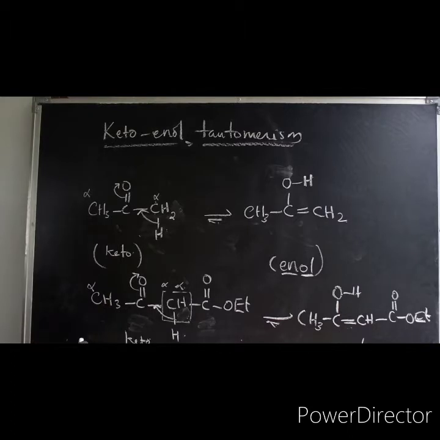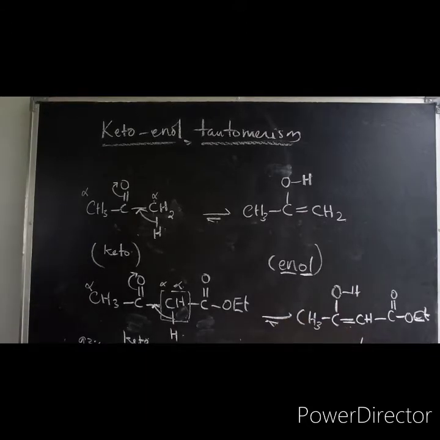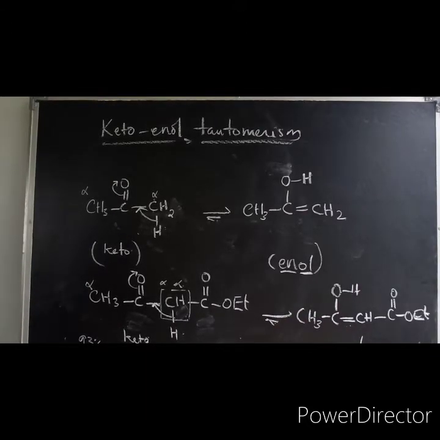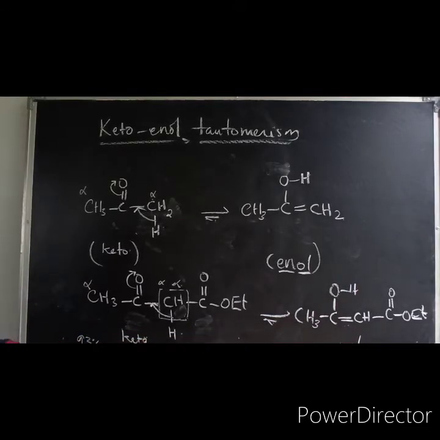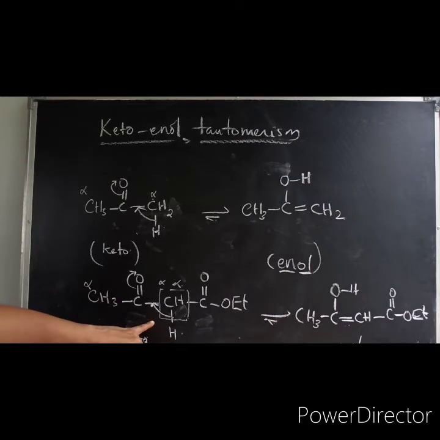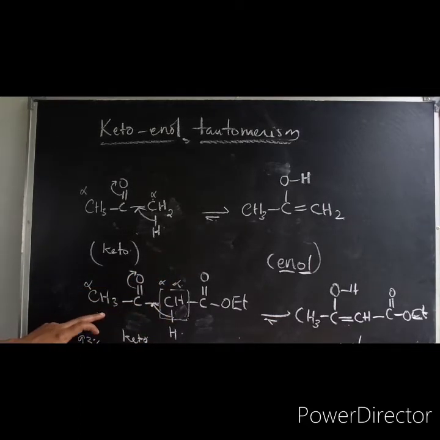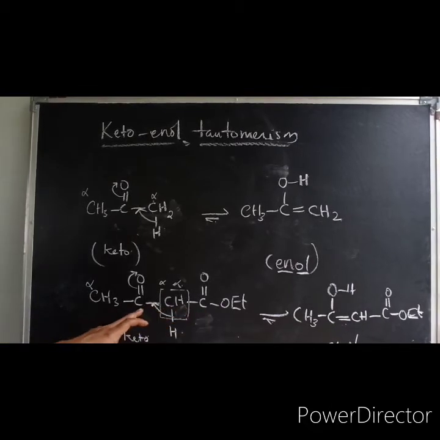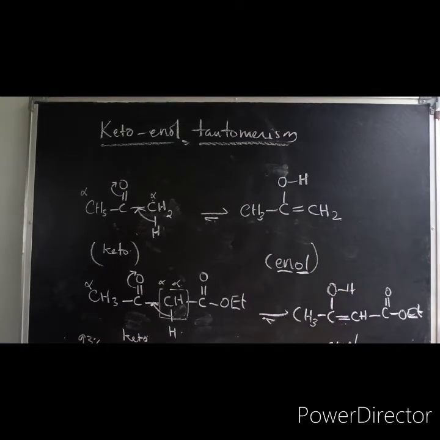In solution, the keto form exists as 93% and the enol form as 7%. The keto form, which is the prominent form, can reversibly change into the enol form by the shift of a hydrogen of the adjacent methylene, because this is the most acidic one compared to this CH3, as it is attached to two electronegative groups. This is what is meant by keto-enol tautomerism.